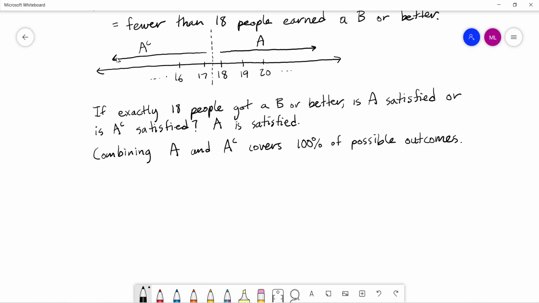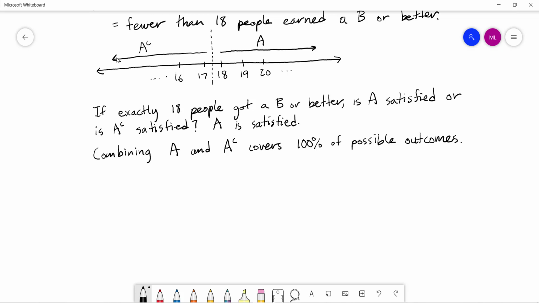So we could do it with something like pizza toppings. In our class of 30 people, event A is that if we sample our class of 30 people and find out who likes pepperoni on their pizzas, event A could be that more than half the class likes pepperoni on their pizza, and A complement would be anything that doesn't satisfy that.